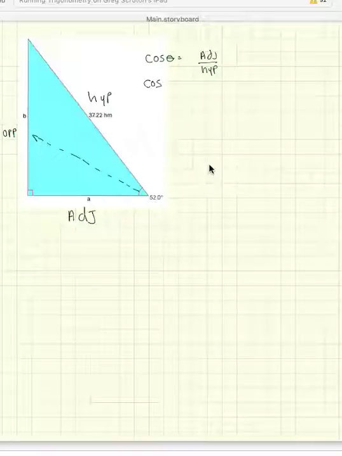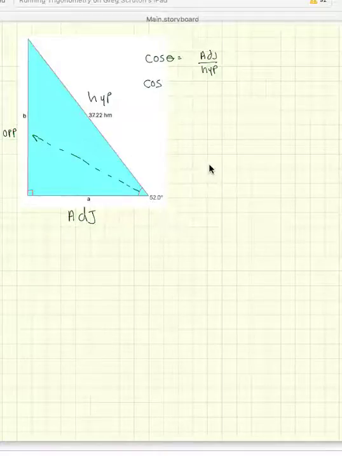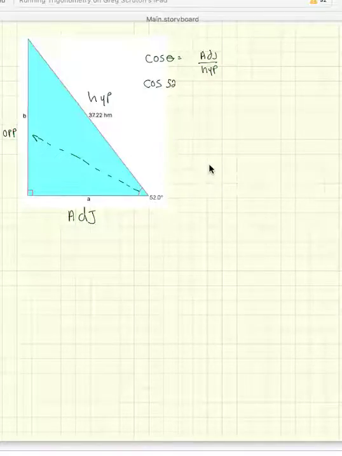The angle we're talking about is 52 degrees. So the cosine of 52 is A, the adjacent side, over the hypotenuse, which is 37.22 hectometers.